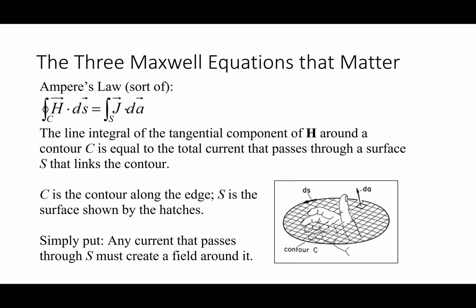Basically, what that picture is saying is that contour C is spanned by a surface S. The hatching there is the surface. So the thumb coming up is the current coming through there, and the fingers curl in the direction of the field. In this case, the field would be going around in a counterclockwise direction.